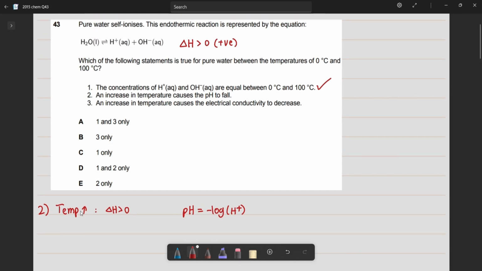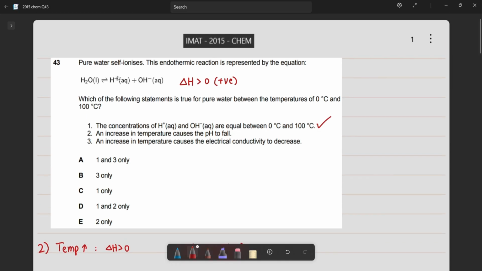So we know that as we increase the temperature, it will favor the endothermic direction where ionization will increase to produce more ions, so H plus and OH minus. But although we know that equal moles are produced, so we might think because H plus is increasing, OH minus is also increasing, so OH minus somehow would cancel out the effect of H plus.